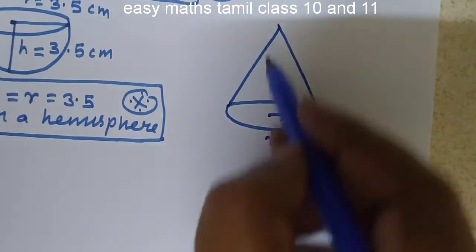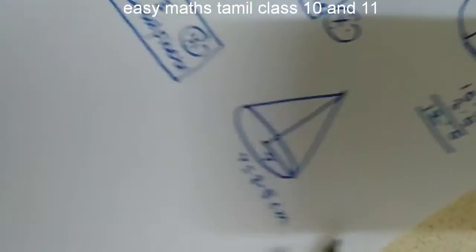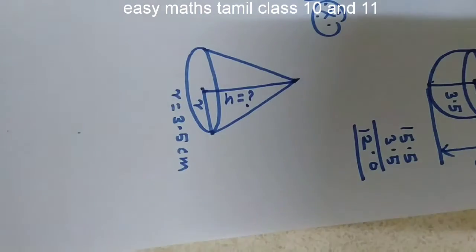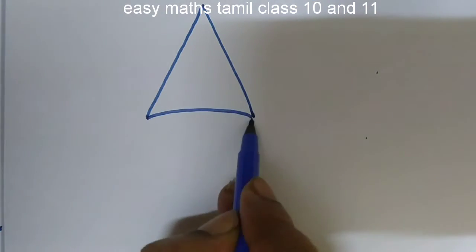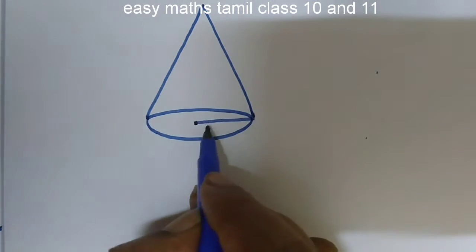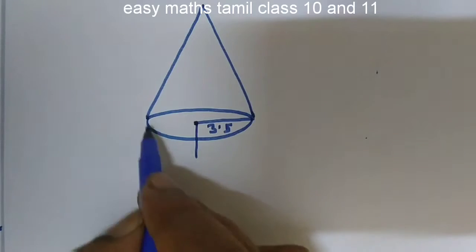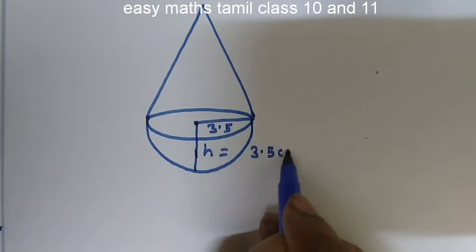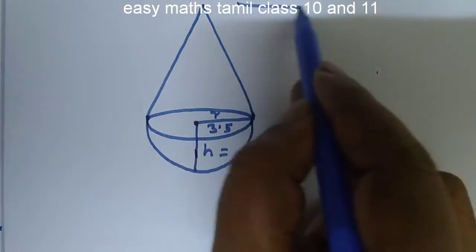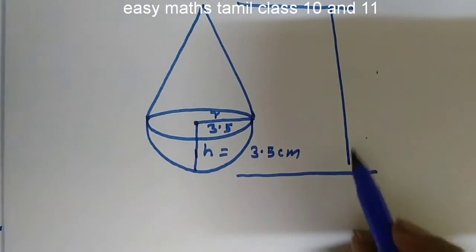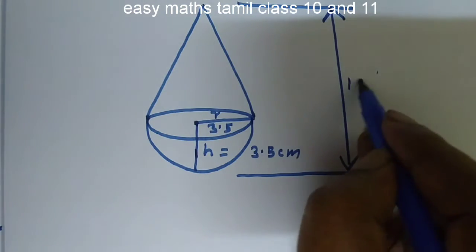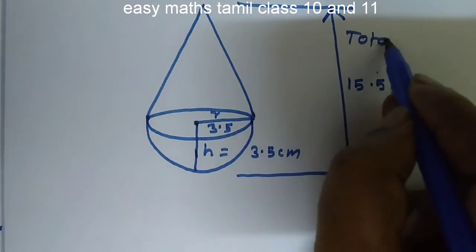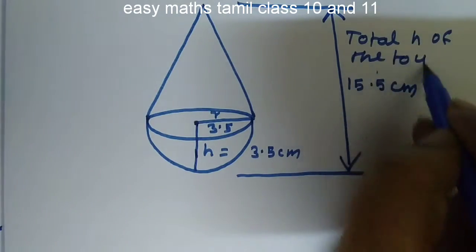Radius of the cone is 3.5 cm. Then how much is the height of the cone? Now draw the toy. Height of the hemisphere is 3.5 cm. Radius of the hemisphere is 3.5 cm. Total height of the toy is 15.5 cm.